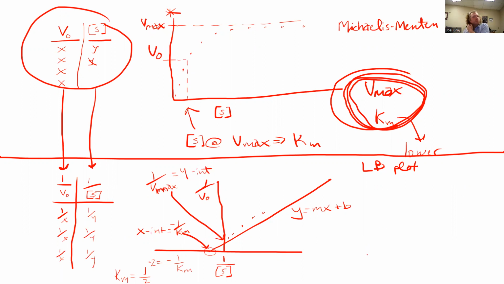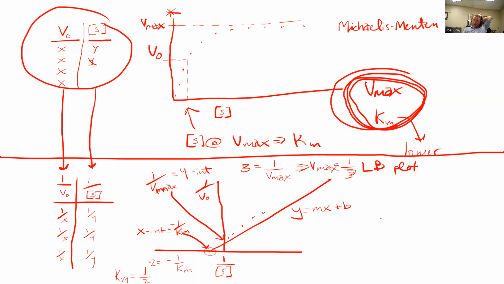So let's say hypothetically your y-intercept is 3. 3 equals 1 over Vmax. Well, then your Vmax is equal to 1 over 3.